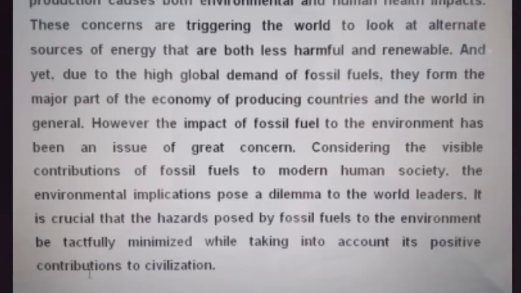Considering the visible contributions of fossil fuels to modern human society, the environmental implications pose a dilemma to the world leaders. It is crucial that the hazards posed by fossil fuels to the environment be tactfully minimized while taking into account its positive contributions to civilization.